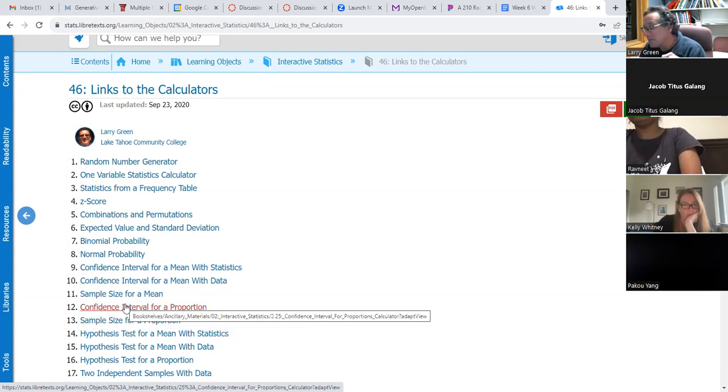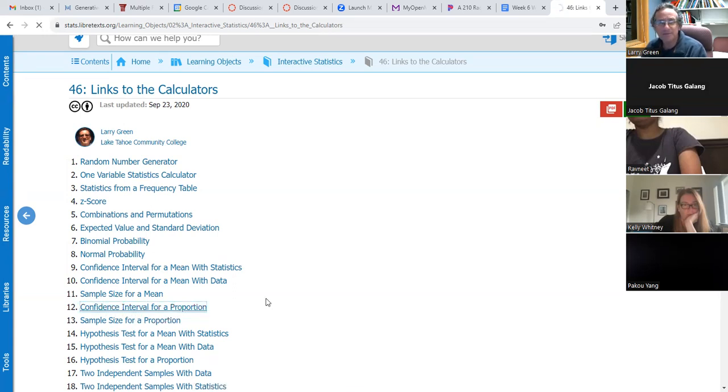So one of the most important things for you to get down is which calculator, because there are a lot of choices. We're going to go through all these today, but there are a lot of different choices. Does that make sense? Had I not done it with a lot of choices, the calculator can get really complex and it's really hard to figure out how to use it. So instead, I wrote it this way. And most people like that. So I'm going to do confidence interval for proportion.